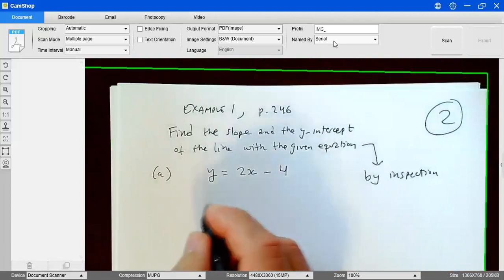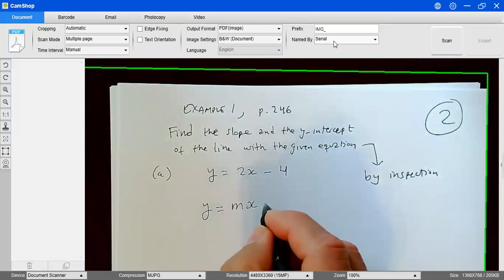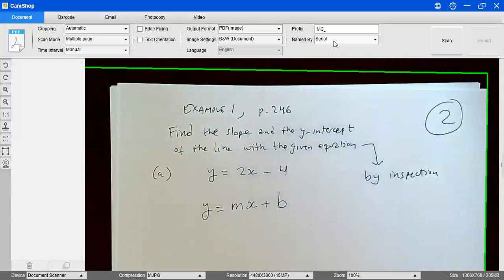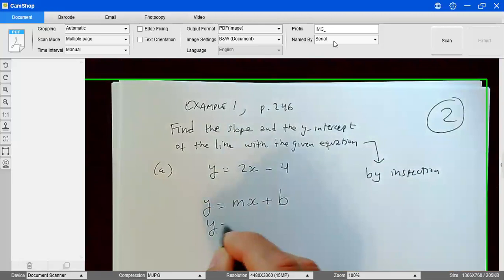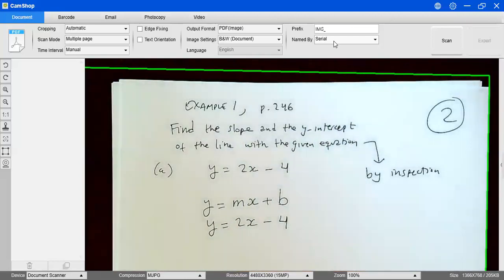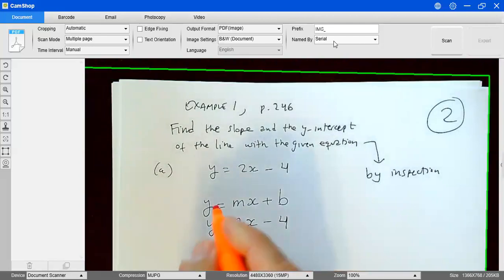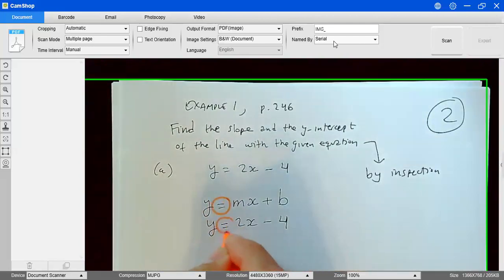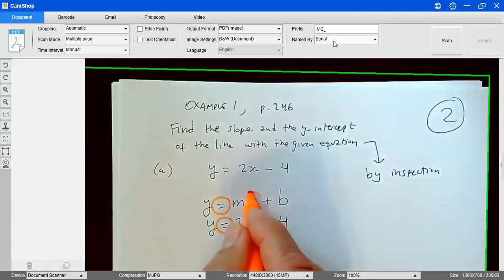So first, we're going to have the slope-intercept form written in the way that we wrote it in the table. Then we're going to write the equation that is given, and then we're going to compare one equation with the other. So you can see here the equal sign. So align the equations, and you can see here the independent variable x.